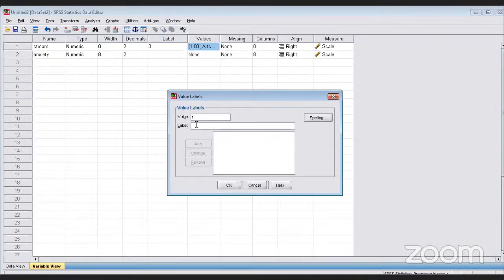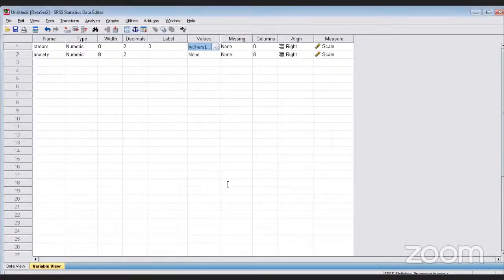So I say 1. 1 is the code. And I say here arts teachers. And I add. Then I say 2 is science teacher. And then here I say commerce teachers. And then I say okay. So this is how you have to enter.